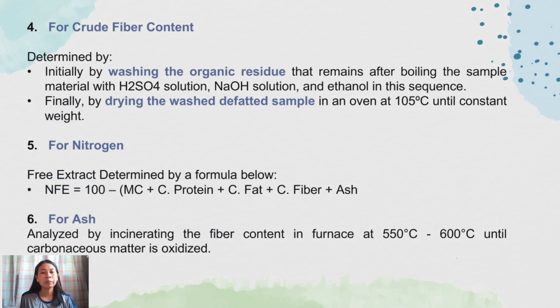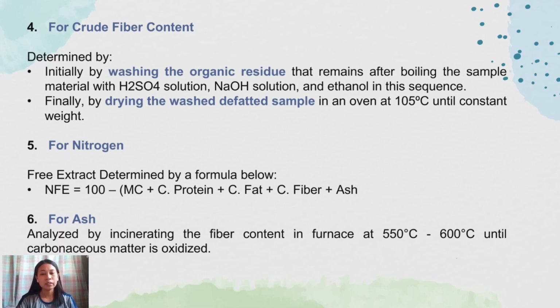Crude fiber content can be determined initially by washing the organic residue that remains of the sample material with sulfuric acid solution, then sodium hydroxide solution and ethanol in this sequence. Finally, by drying the washed defatted sample in an oven at 105 degrees Celsius until constant weight.